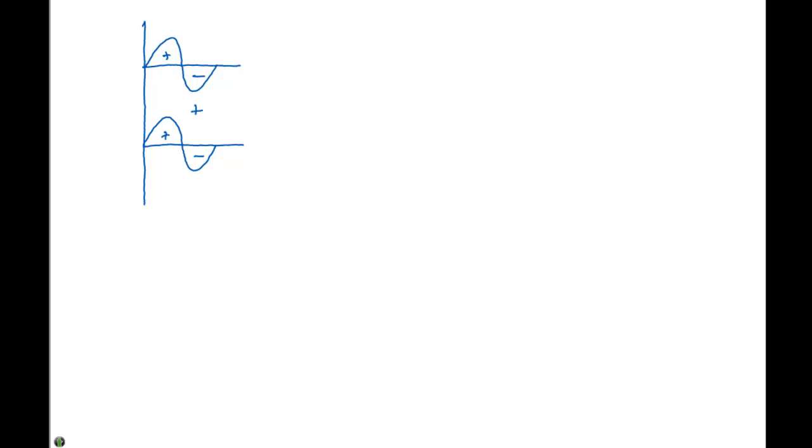If I add these two waves together, what results is something that looks like this, where the amplitude of that wave is twice as large.